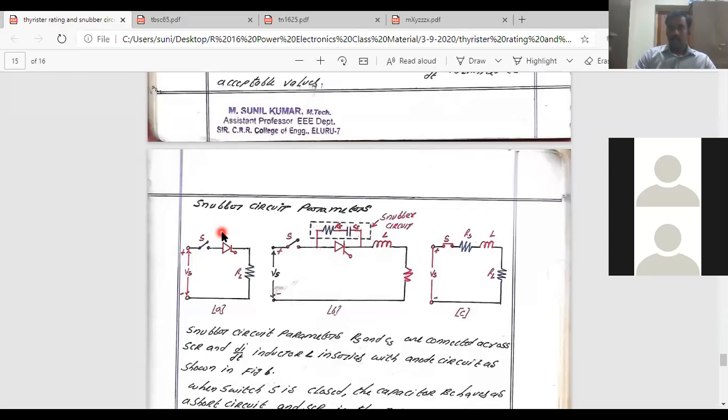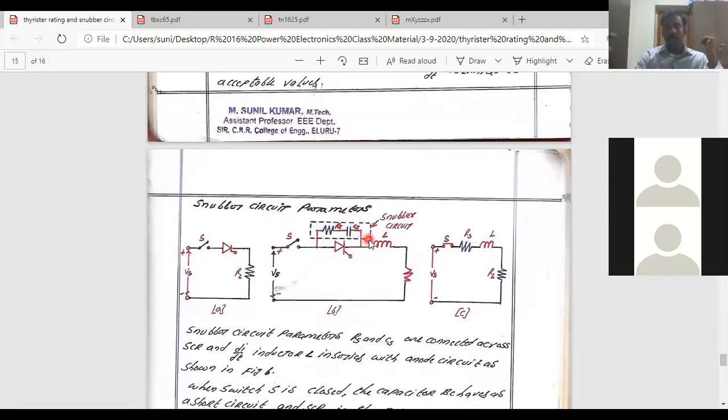Okay, is it clear? So this capacitor operates when the device is in the blocking state. This inductor operates when the device is in the conduction state.